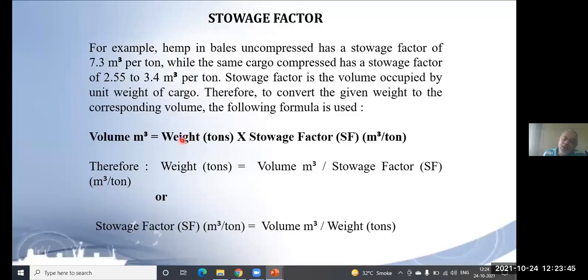You have to keep within your limit as per your load lines, seasonal limit. So weight is also important for distribution of weights evenly. So stowage factor becomes important. With this simple formula, you can calculate the weight from the stowage factor and the volume available to load the cargo.